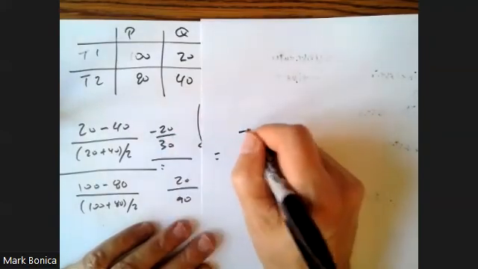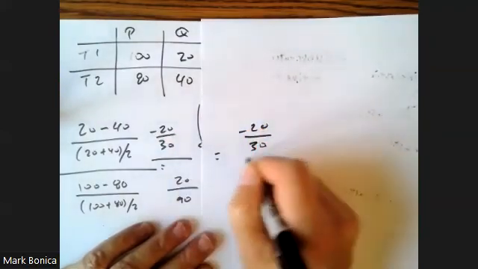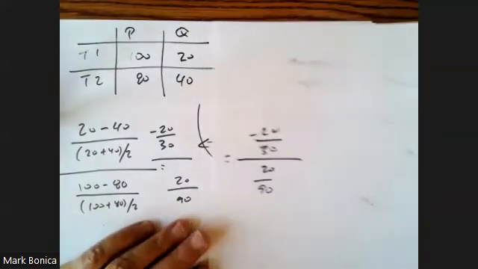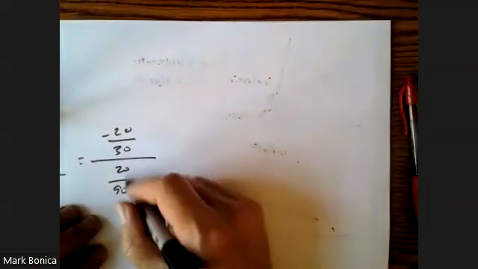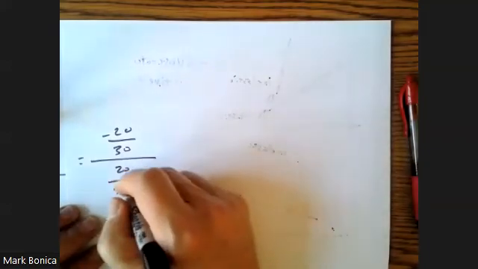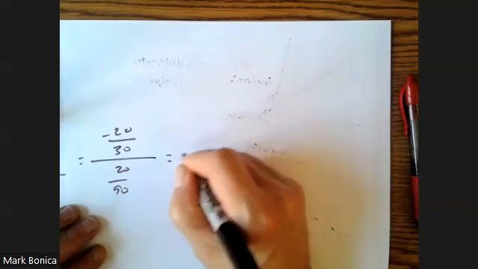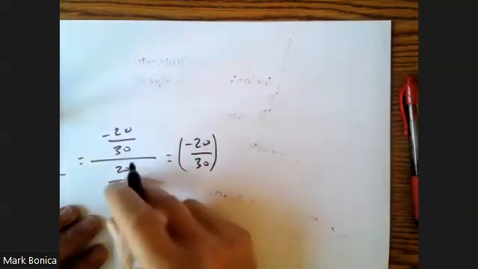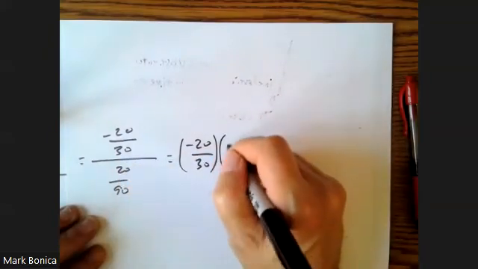So I've got negative 20 over 30 divided by 20 over 90. I can get rid of the 20 over 90 by inverting the denominator and multiplying. So that's the same thing as minus 20 over 30 times 90 over 20.